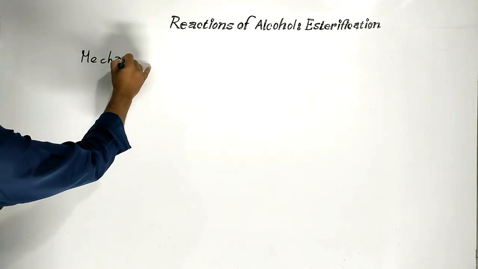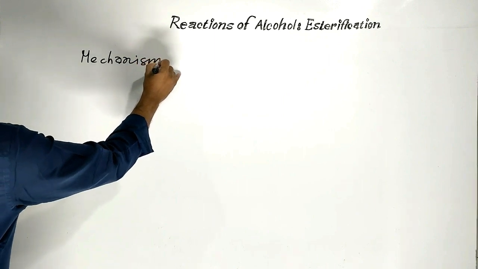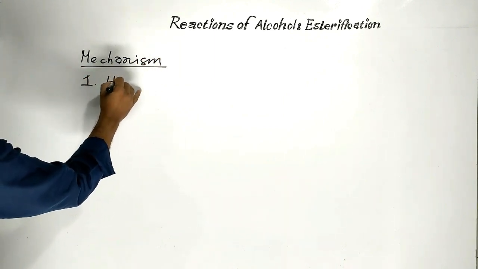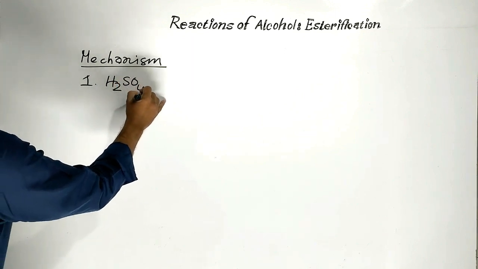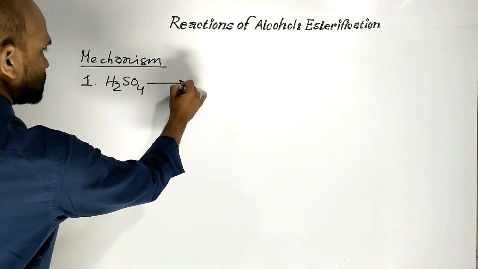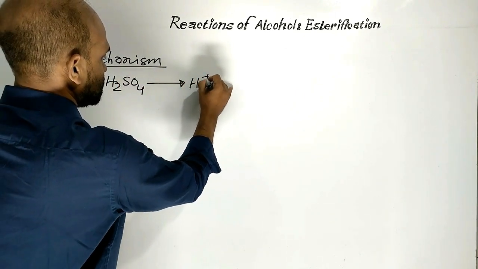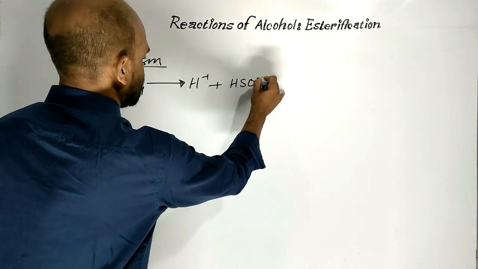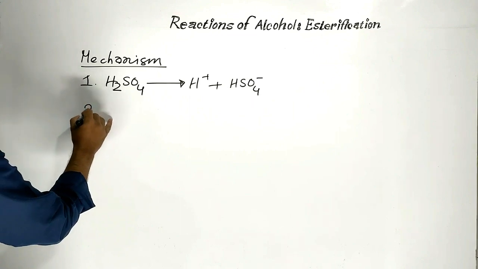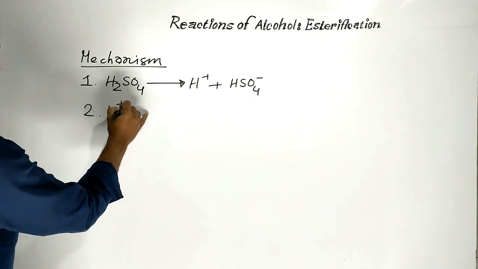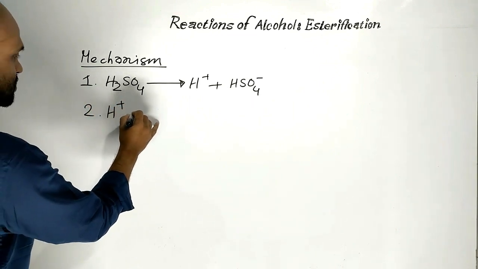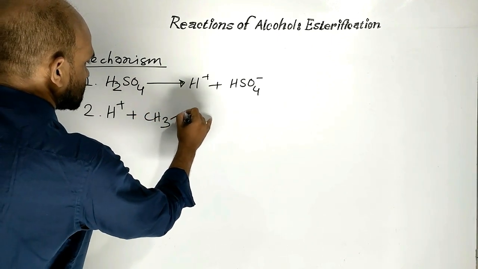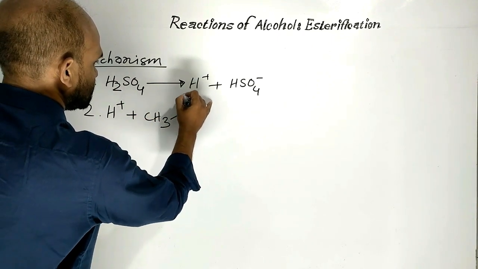Mechanism of esterification. Step 1. Sulfuric acid produces proton and bisulfate ion. Step 2. Proton combines with carboxylic acid.